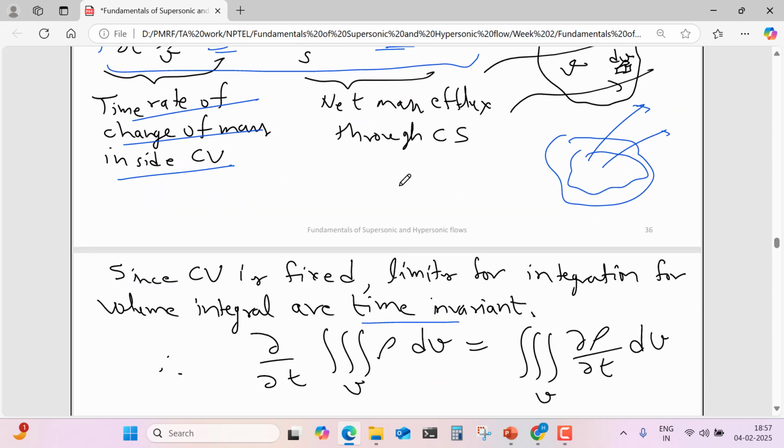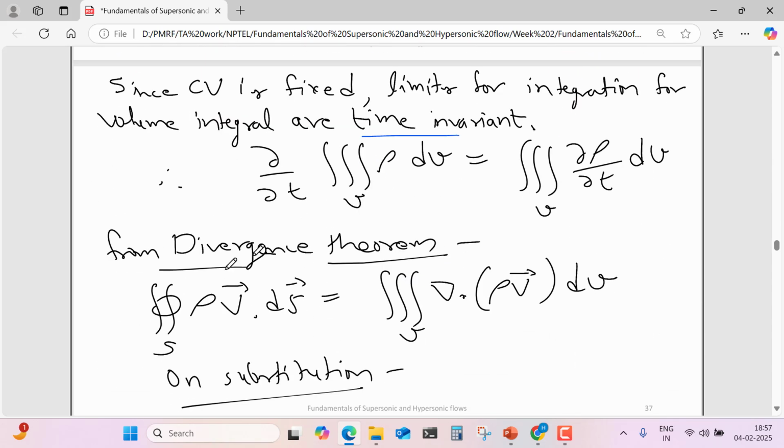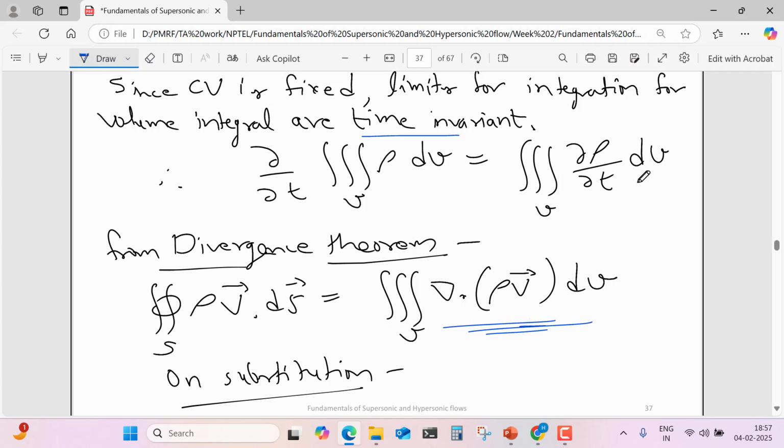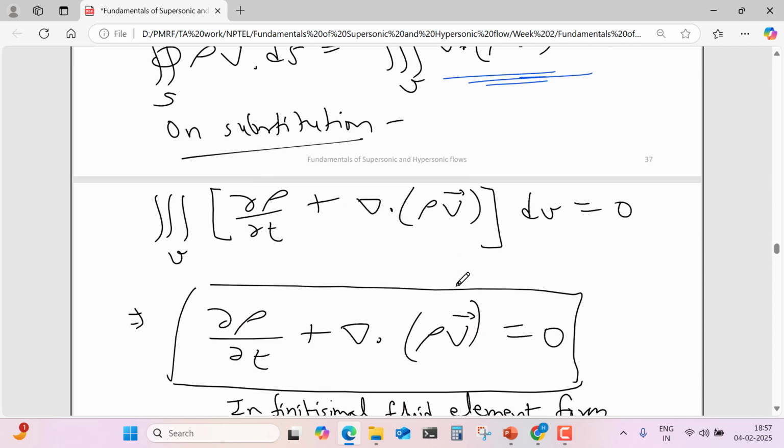The surface integral can be converted using the divergence theorem, so it will become del dot rho V vector dV. We can substitute both inside the equation and it will become the triple integration of dou rho by dou t plus del dot rho V vector, dV. We have taken dV common, and for the integral to be 0, it should be 0 for each and every point to satisfy the continuity. So it will be 0.